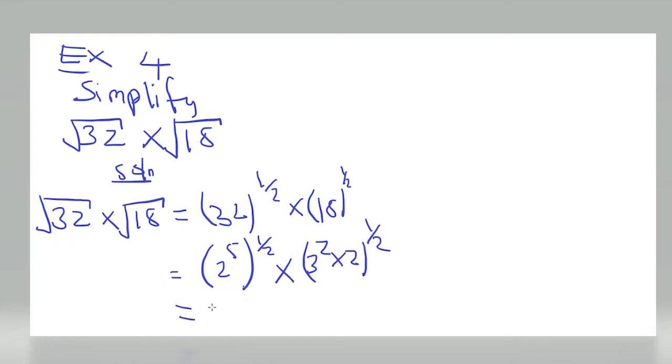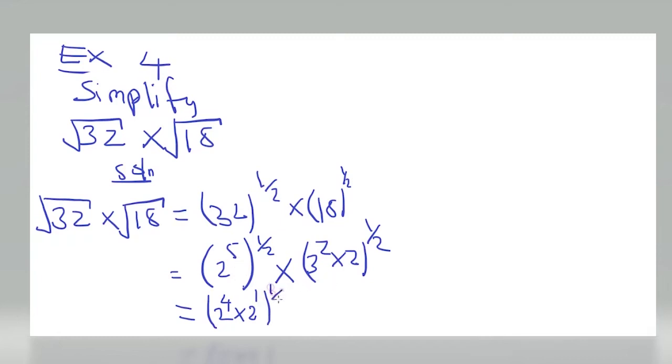Then this one will be equal to, I can write this one, maybe I need to split the number so that I can cancel with 2 power 4, then times 2 power 1, inside the bracket. And if you remember, 4 plus 1 is 2 power 5.